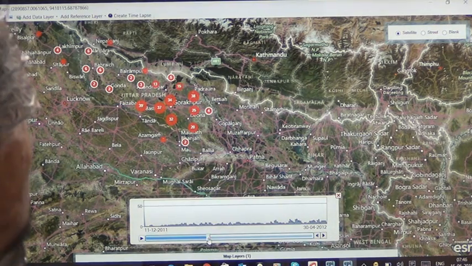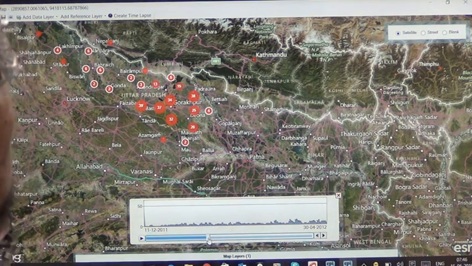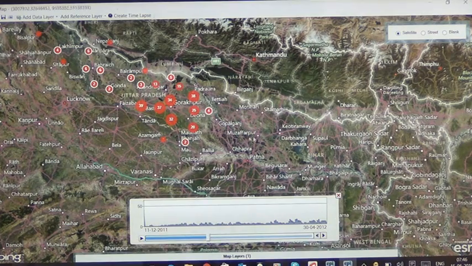We have reached the 30th of April, still nothing in Muzaffarpur, because this Gandak is stopping it from reaching here. But the Gandak gets weakened, and as we go ahead, there are two cases occurring on 7th of May.